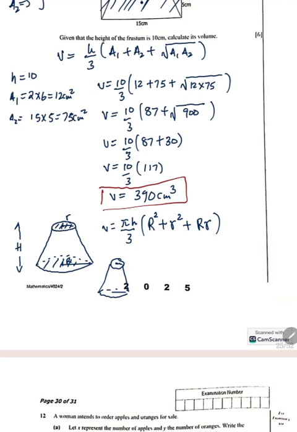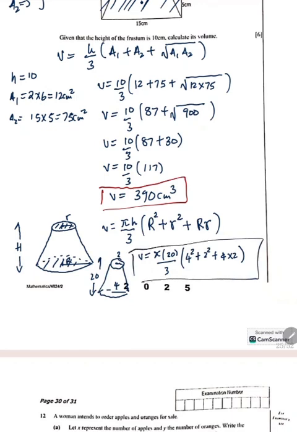If the radius is 2 centimeters for this one, 4 centimeters for this one, and the height is 20, then volume is equal to pi times 20 over 3, multiplied by 4 squared, the bigger one, plus 2 squared, the smaller one, plus 4 times 2. The value you get from here is the volume of this frustum. So this is where we end.